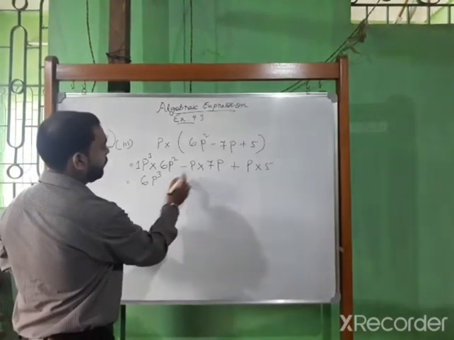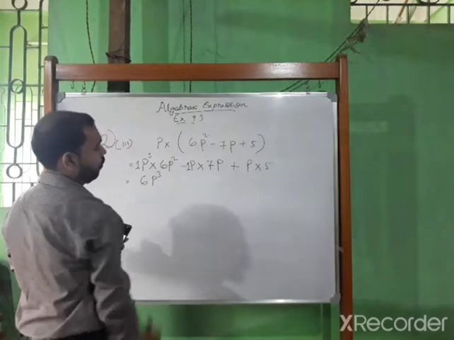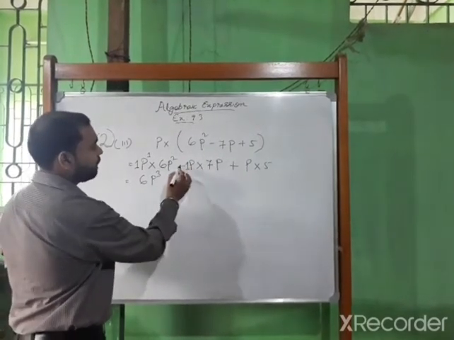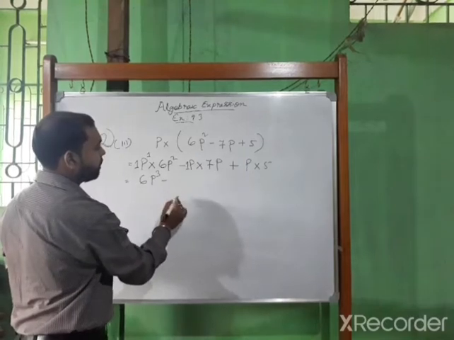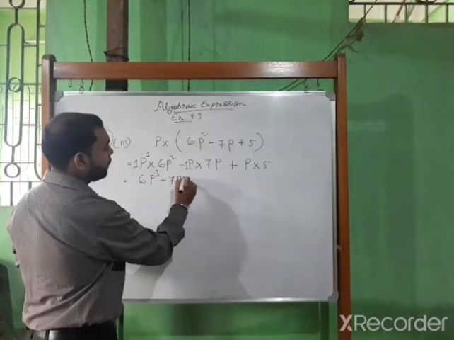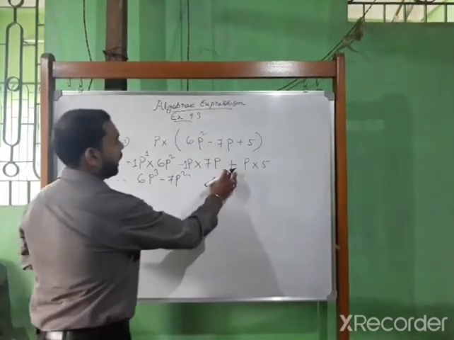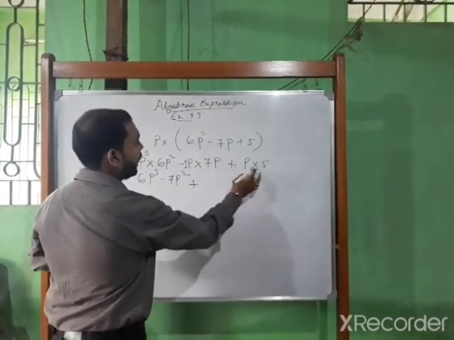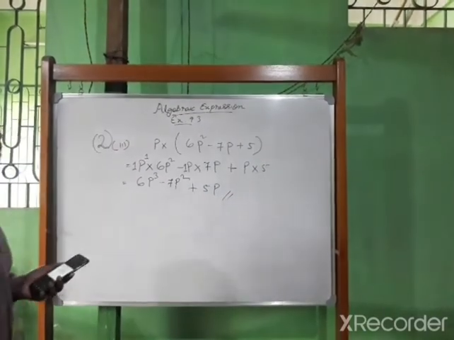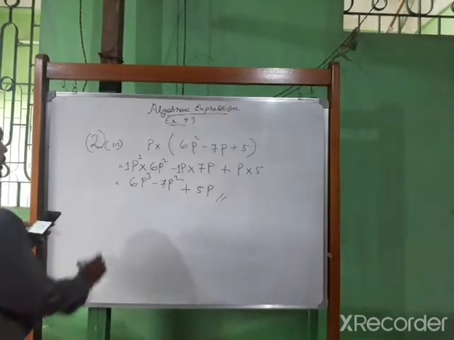Now again here no coefficient means 1 is there. So 7 into 1, it is 7. Since minus is there, minus and plus, it is minus. So it is 7, and p into p will be p square. Again see here, plus p into 5, it will be 5p. So in this way we have to solve. Now question number 3.